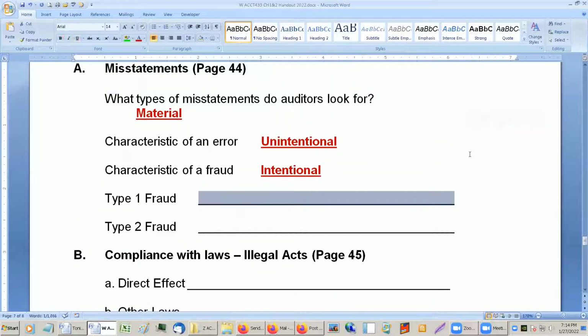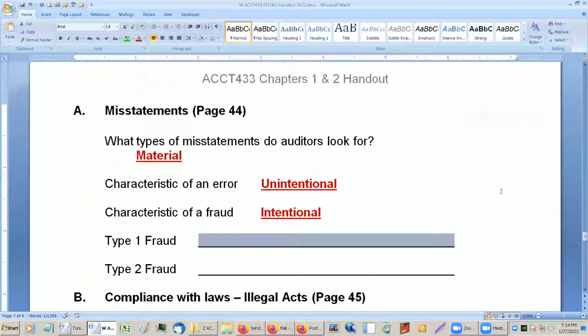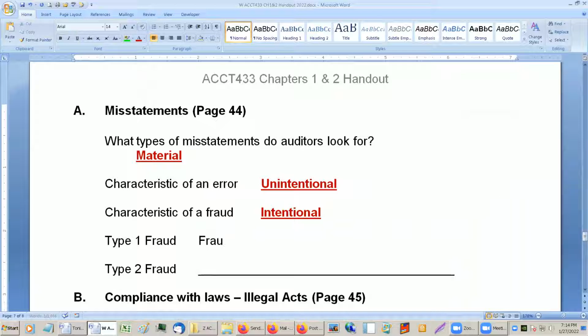Okay, type 1 fraud. This is fraudulent financial statements. This is when a material misstatement appears on the financial statements.